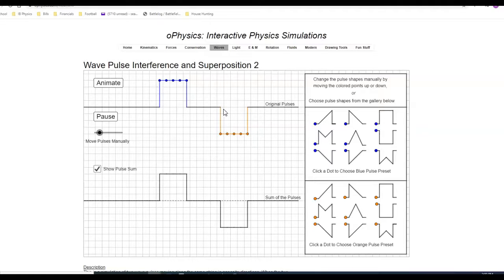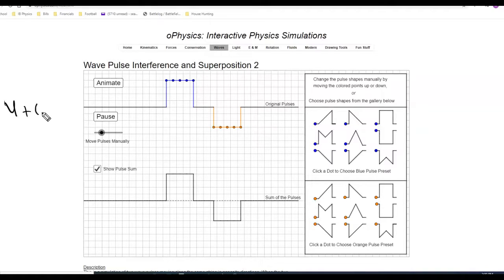And this one, actually, I'm going to make it negative 3, and I'm going to make it just a rectangle to make this easy. While these two waves are separated, they're just two separate wave pulses. When they overlap in their superposition, I'm going to add the two together. So a positive 4 plus a negative 3, basic math, superposition says you just add those two together, you get 1.